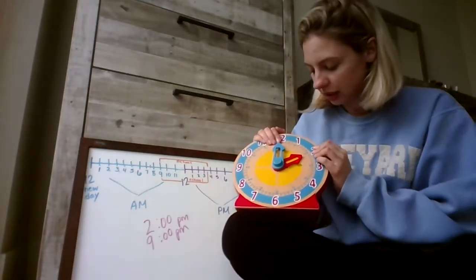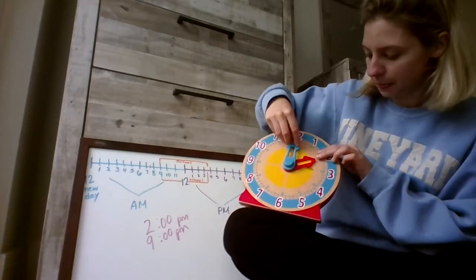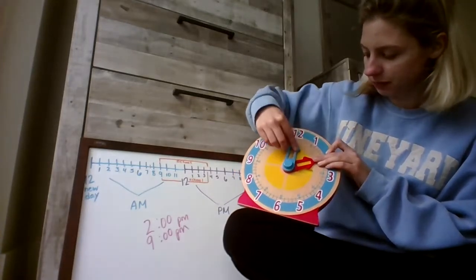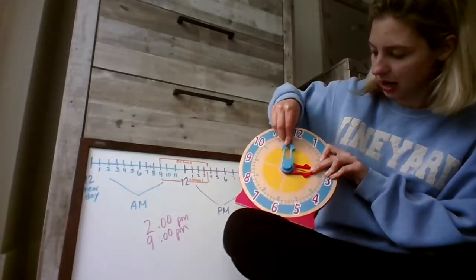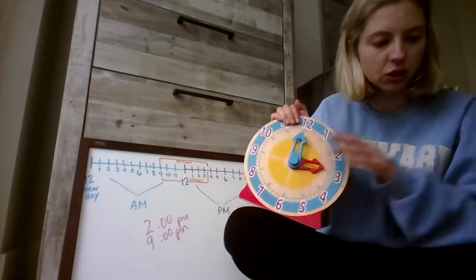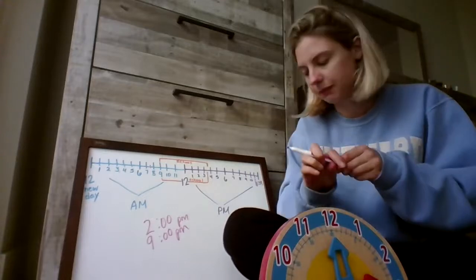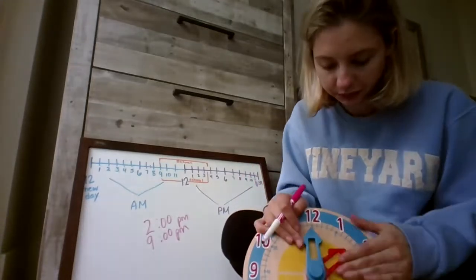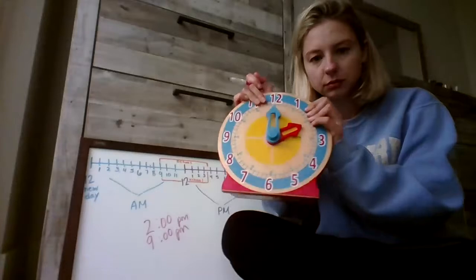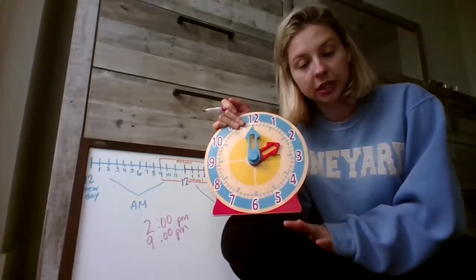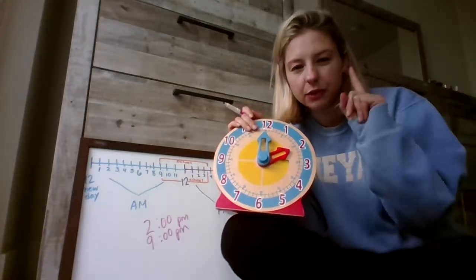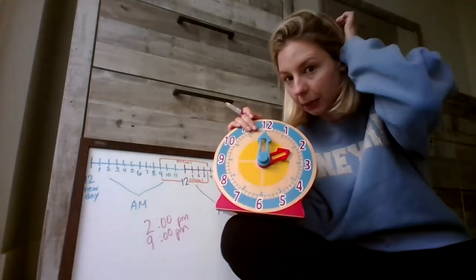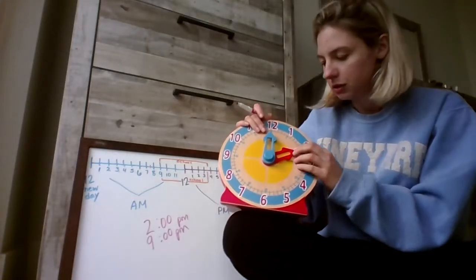So, here's 2 p.m. Now we're at 3 p.m. Oh, let me start over because I'm going to tally how many hours go by. Ready? Let's start over. Here's 2 p.m. This is where he's starting bowling, and we have to go all the way to 9. So basically, we need to figure out if we started at 2 and we end at 9, how many hours go by. Ready?